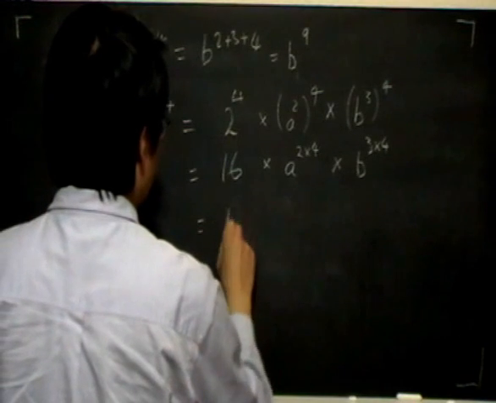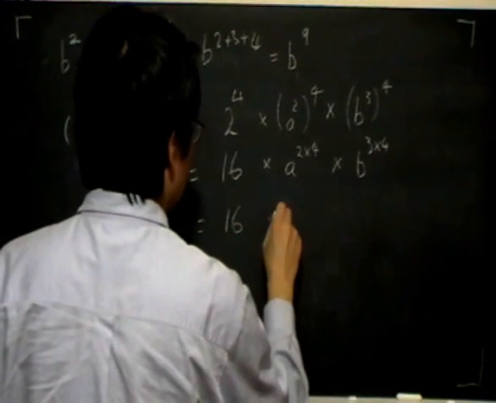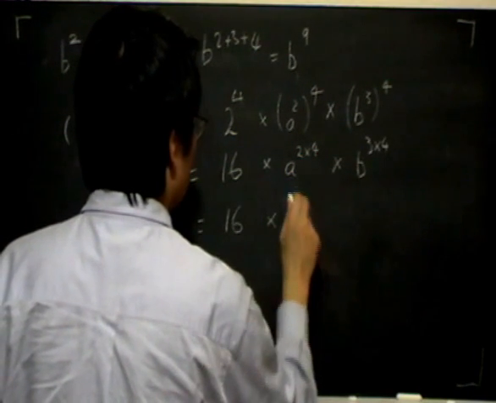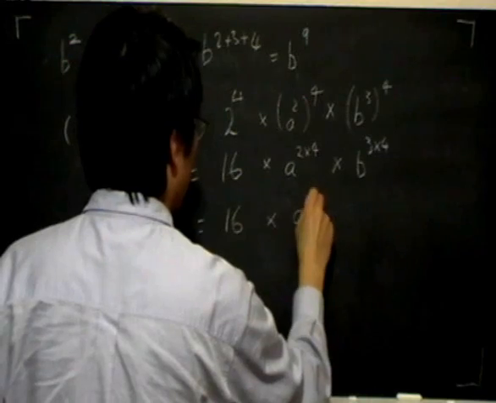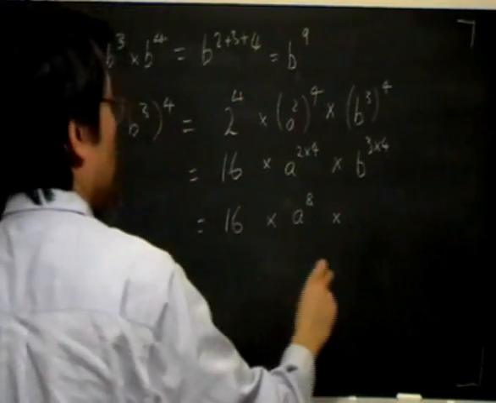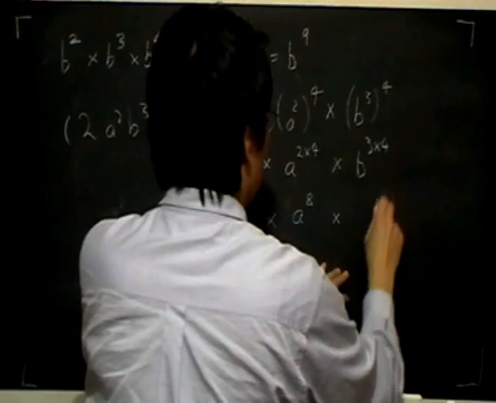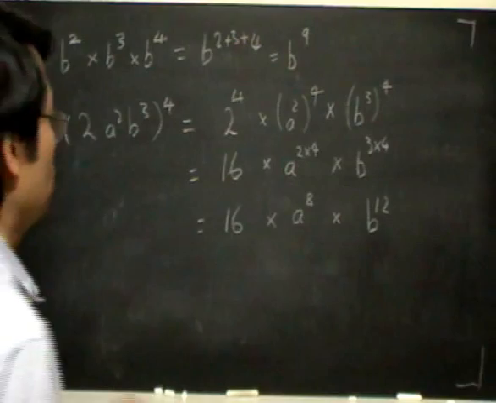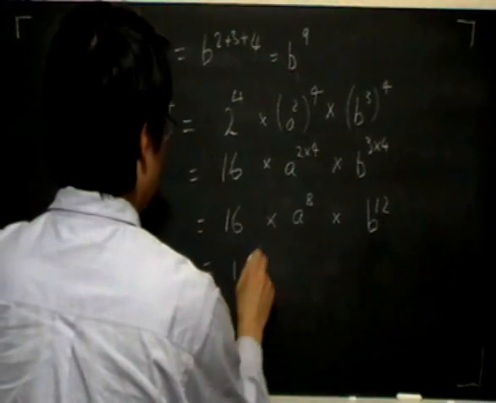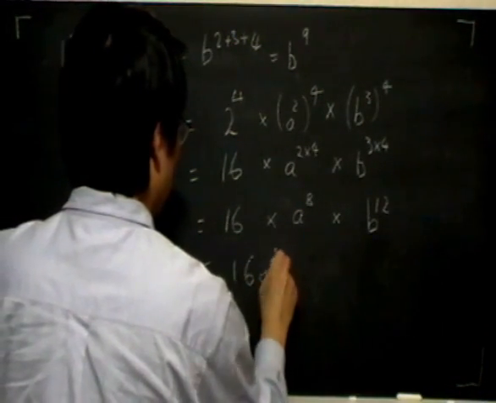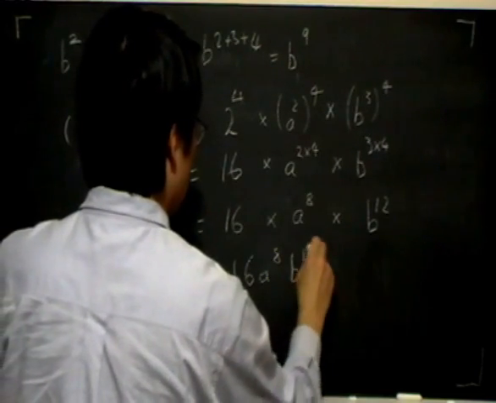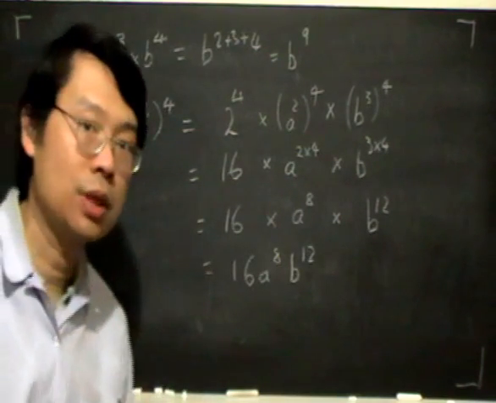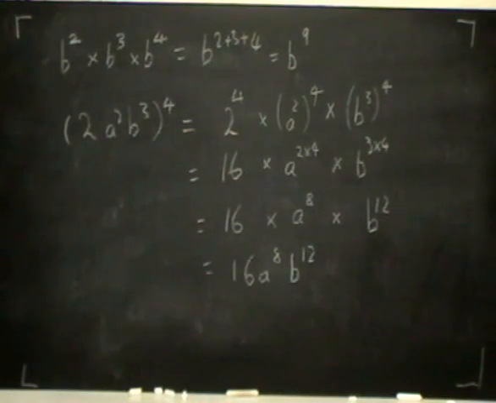Now we can simplify them. 16 times a to the power of 2 times 4, a to the power of 8. 3 times 4 is 12, so b to the power of 12. Therefore, the answer is 16a^8b^12. That's the answer, applying the rules that we have seen just now.